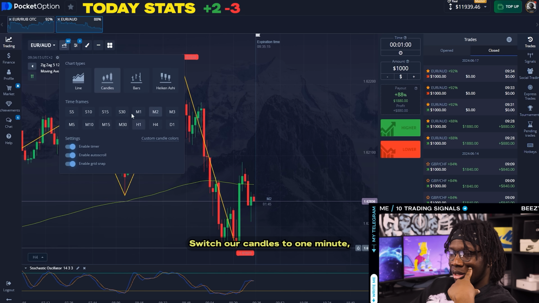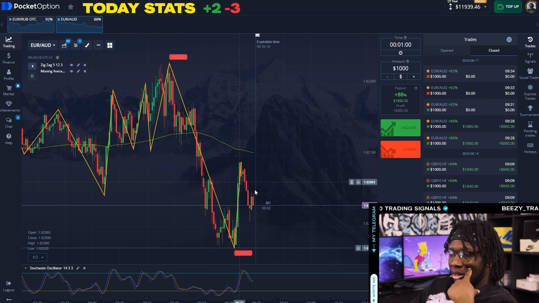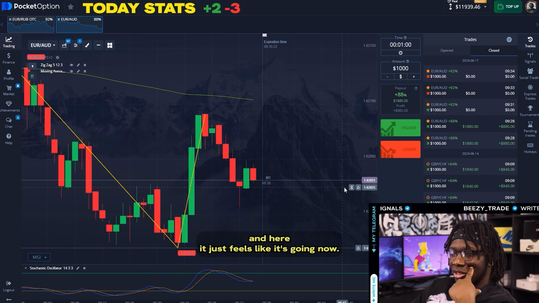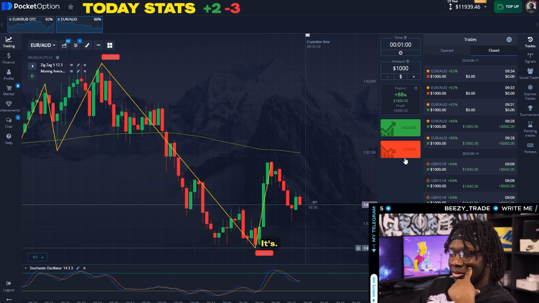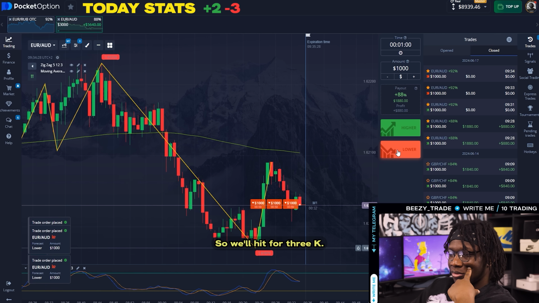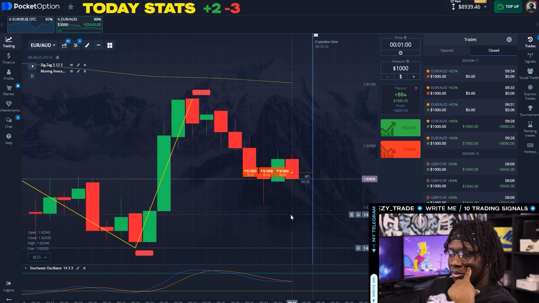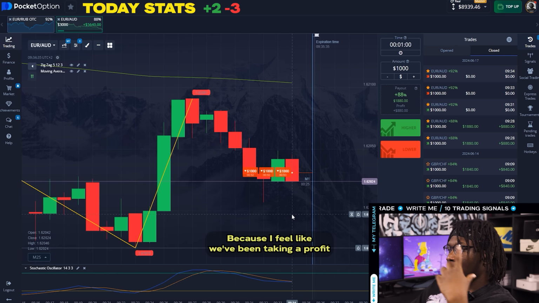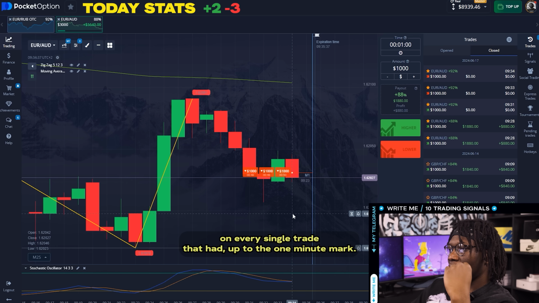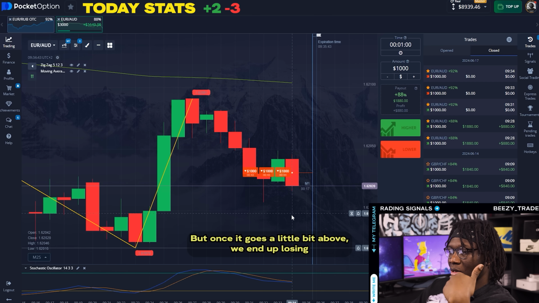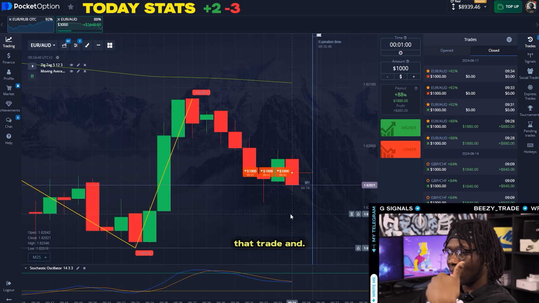Switch our candles to 1 minute, and here it just feels like it's going downwards. So we'll hit for 3K. Quick little one minute trade, because I feel like we've been taking profit on every single trade that had up to the 1 minute mark, but once it goes a little bit above, we end up losing that trade.